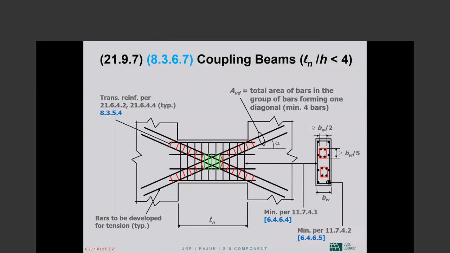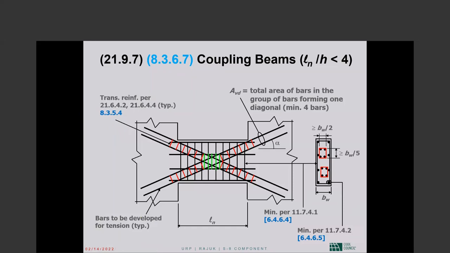Each diagonal shall consist of at least 4 bars. You can have 40 bars, you cannot have 3, at least 4 bars. And those bars shall be tied and cross-tied like column bars. Okay, so you have intersecting diagonals.